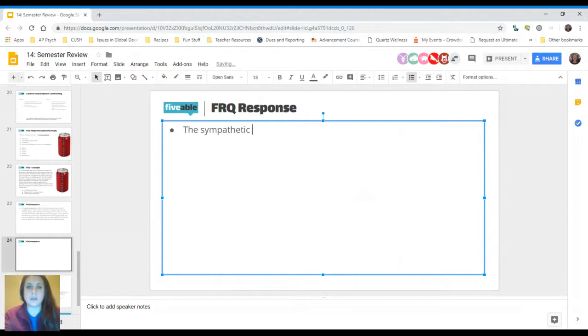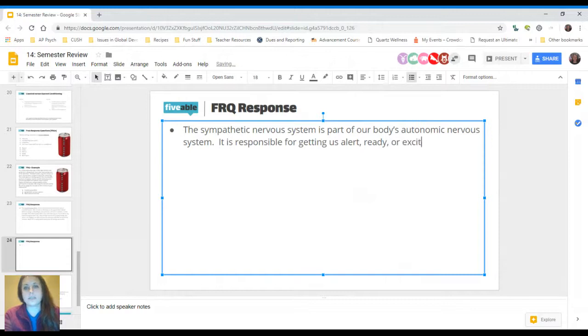The sympathetic nervous system is part of our body's autonomic nervous system. It is responsible for getting us alert, ready, or excited in response to events in our environment. So that's my definition of sympathetic nervous system. There we go, I'm underlining it.